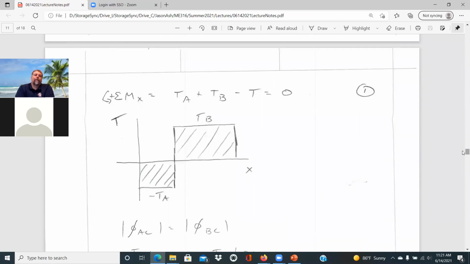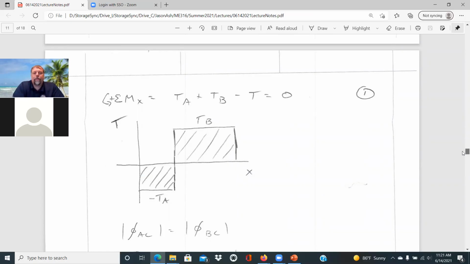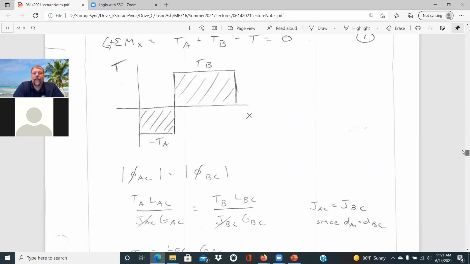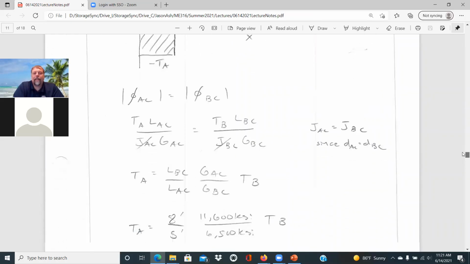And so if we sum moments in the X, we'd have TA plus TB minus the applied torque equal to 0. And if we looked at that on a torque versus position diagram, that would be a negative TA and a positive TB. But again, we're neglecting the signs in that.